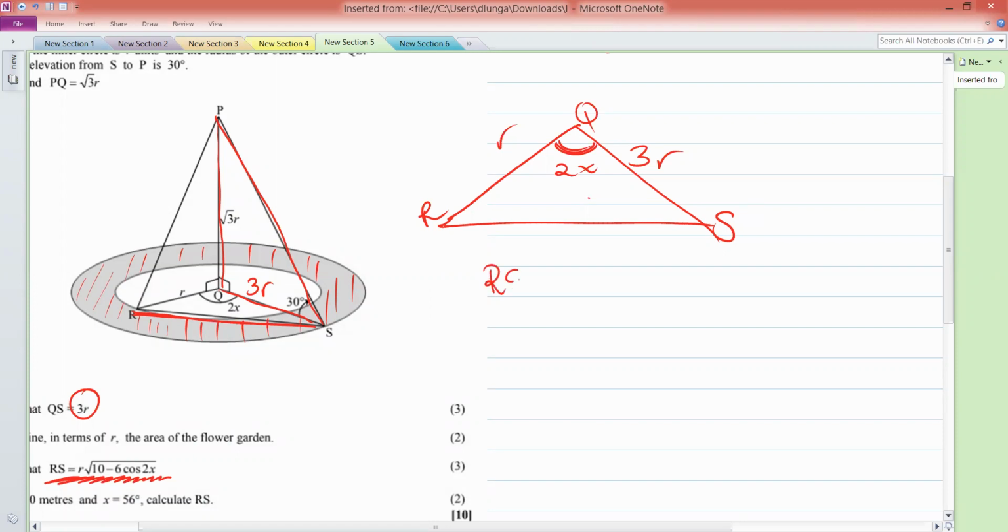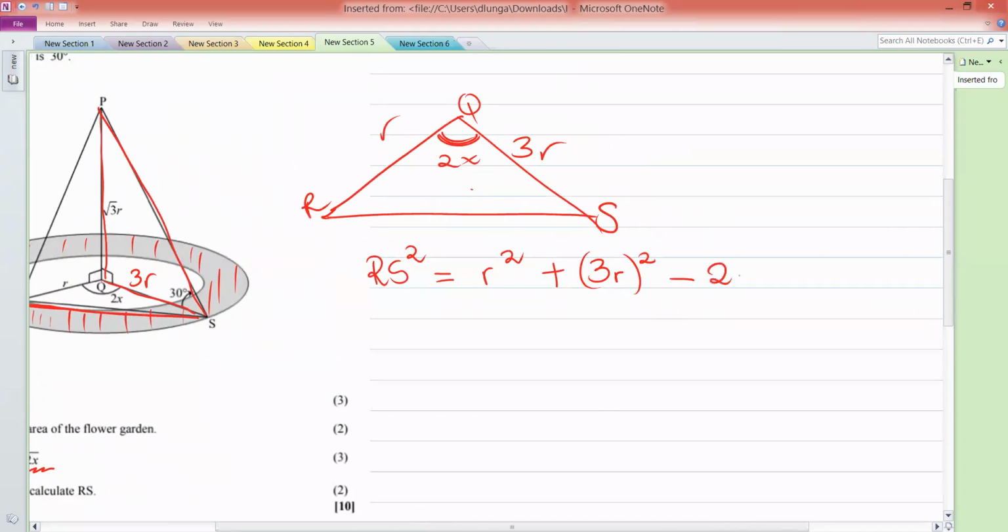So RS squared is equal to, we're going to use the two sides we have. So that is R squared plus 3R squared in brackets as well, minus 2 times R times 3R and cos 2x. Okay, let's go ahead and simplify here.